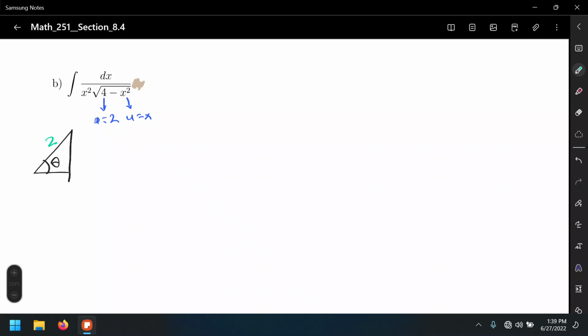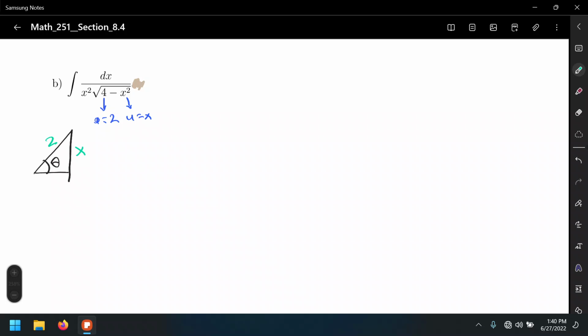And again, you have two options for the variable x, either the opposite to the angle or the adjacent. I usually do the adjacent, but of course you should get the same result if you do it the other way around, except you will get different answers that will be equivalent, because these are trigonometric functions, these are periodic.